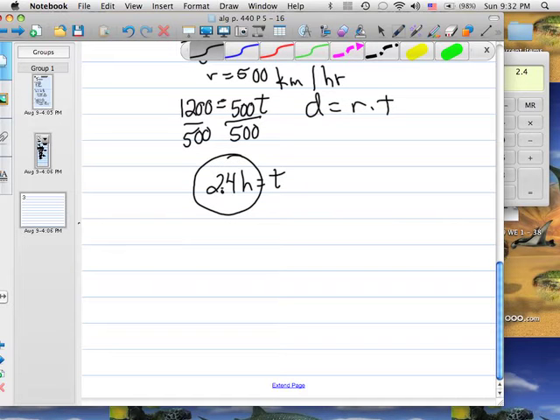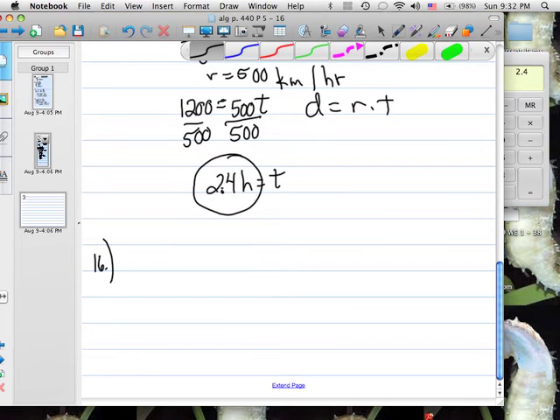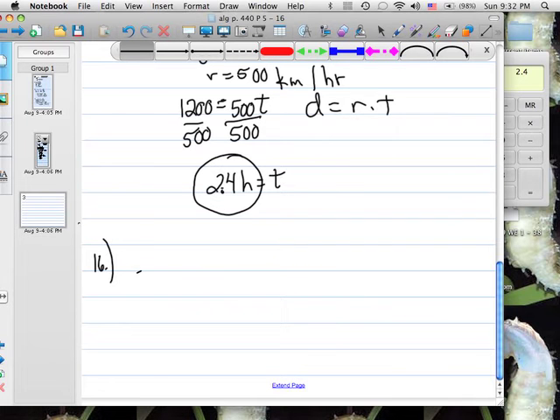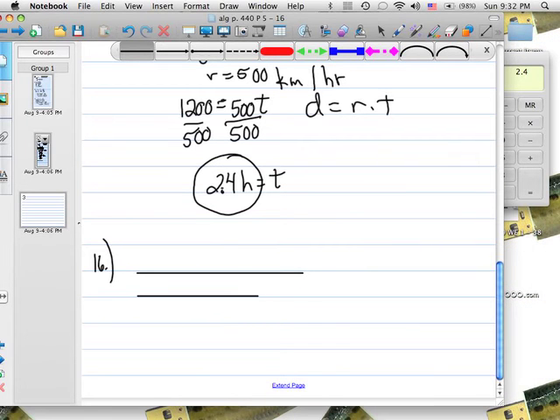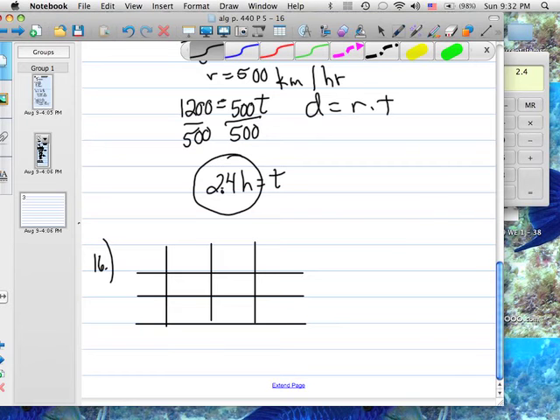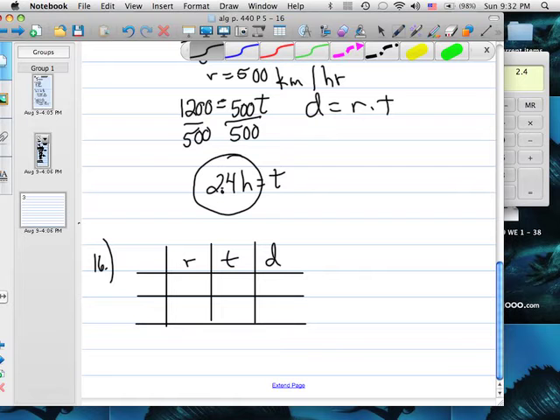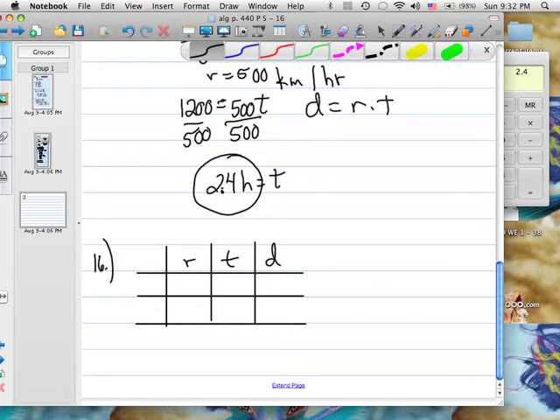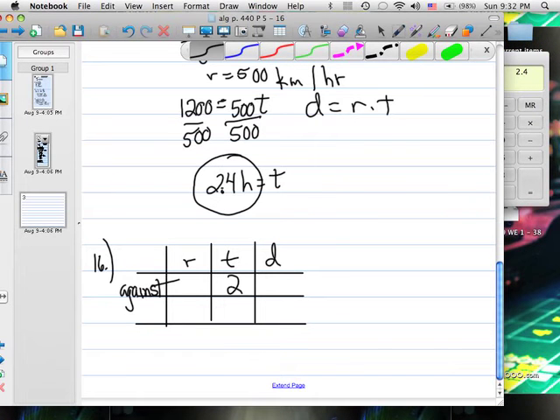And the last problem, number 16. Okay, again, set up a distance chart. It says a 1,080 kilometer trip from Madrid to Paris takes 2 hours flying against the wind. So the time is 2 hours, and that's against the wind.